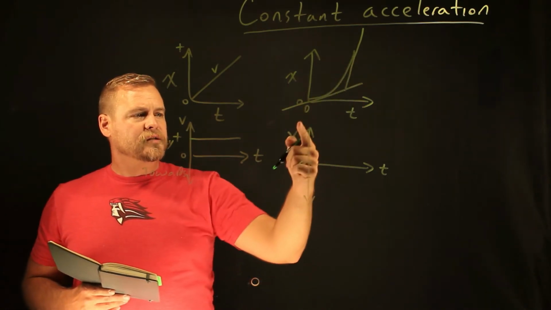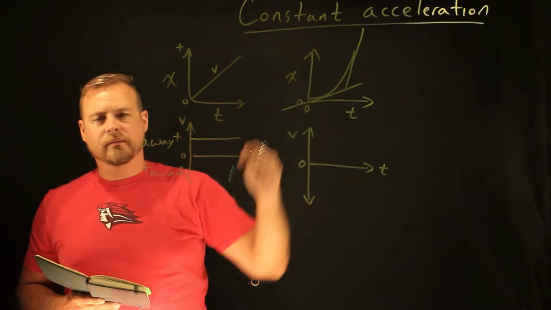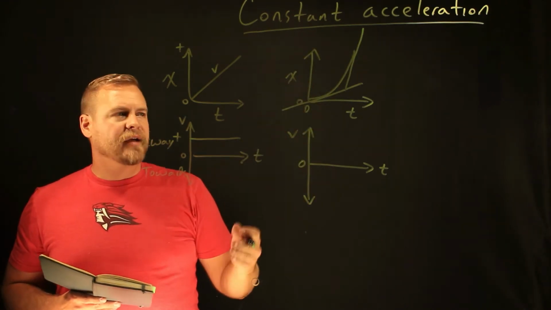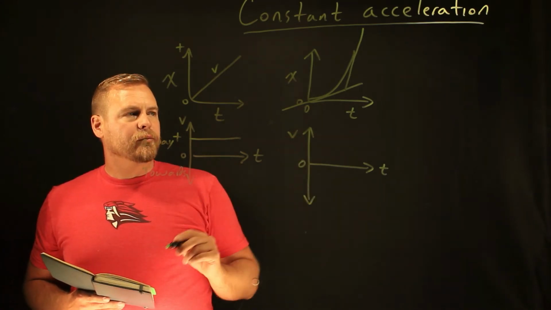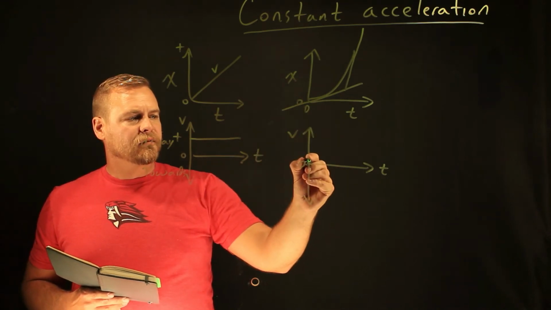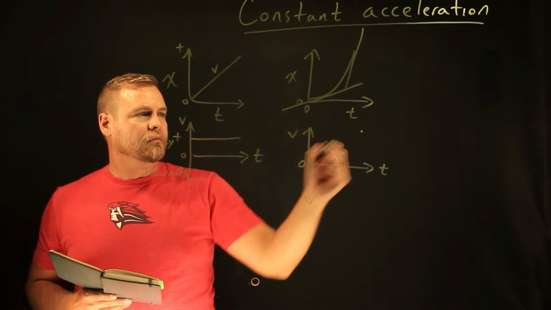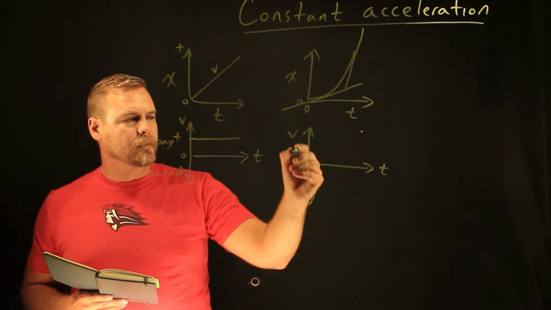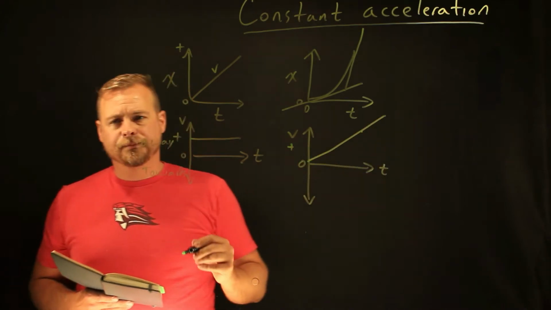And so that translates this constant acceleration, where I'm moving away from my starting point at a faster and faster rate, that translates on my velocity time graph into a slope. And so if I had a small positive velocity and I had a steep or a large velocity, but still positive, remember this is all positive, this is all going away, my graph would look like this.